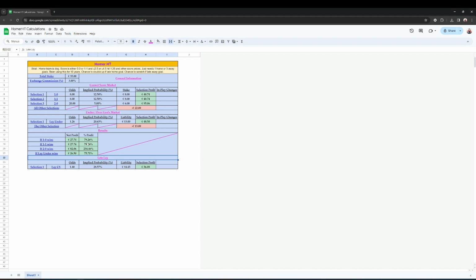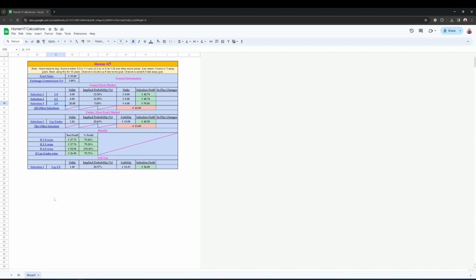So again, what are the entry criteria? You have the home team as a dog, and the score is either 0-0 or 1-1. And what you do is you back 3 correct scores on the correct score market, and you lay under either 2.5 goals or 4.5 goals, depending on the half-time score. Let's assume for the purpose of this video that it's 0-0 halftime. If it's 0-0 halftime, you back 1-0, 1-1, and 2-0.